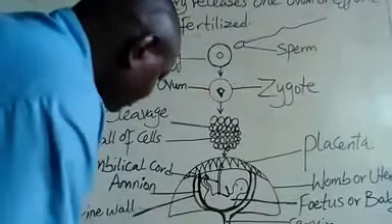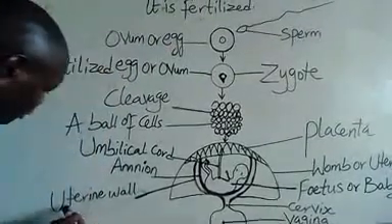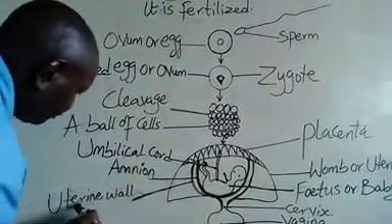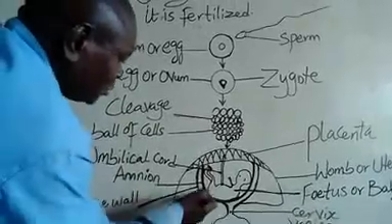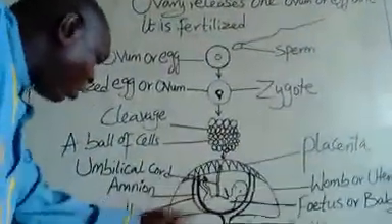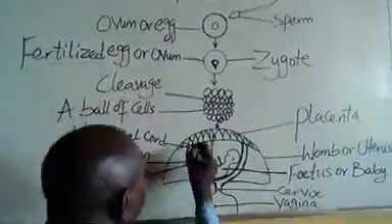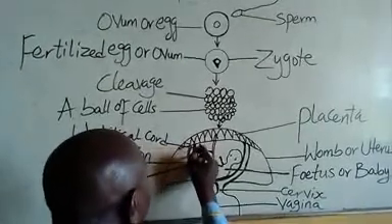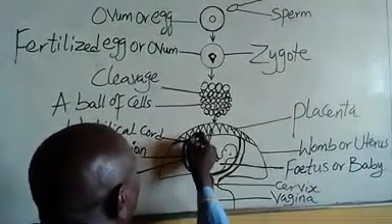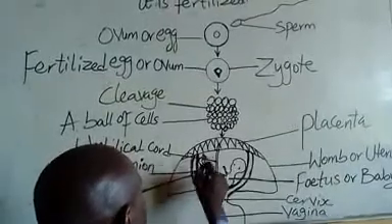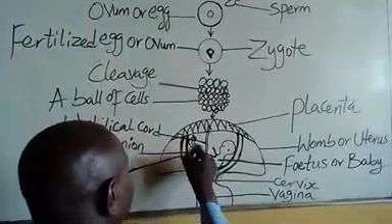Okay. Here we have uterine wall. We have a womb or uterus. Look at the wall of the uterus.